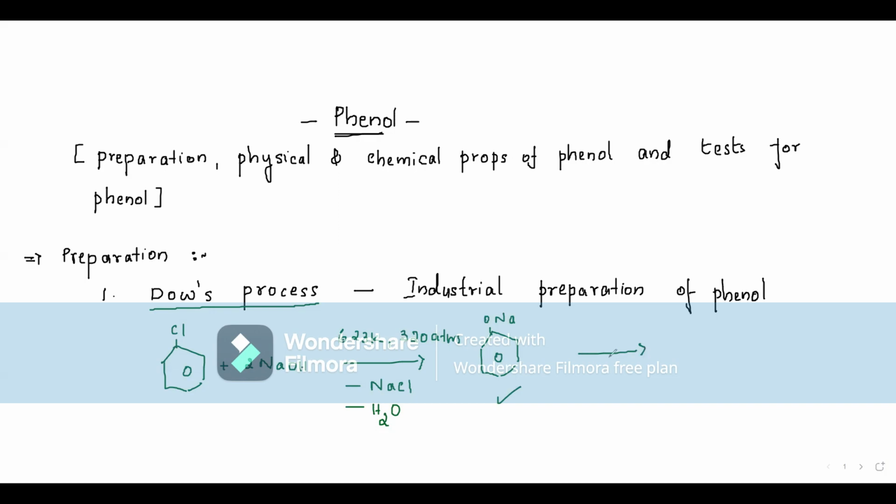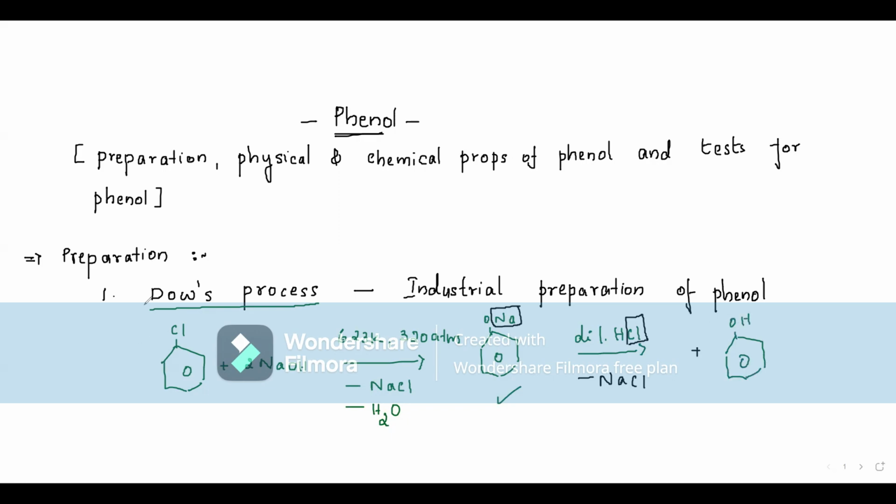Okay, now sodium phenoxide is then collected and treated with dilute acid. There is an elimination of sodium chloride, and along with that we will be getting phenol.